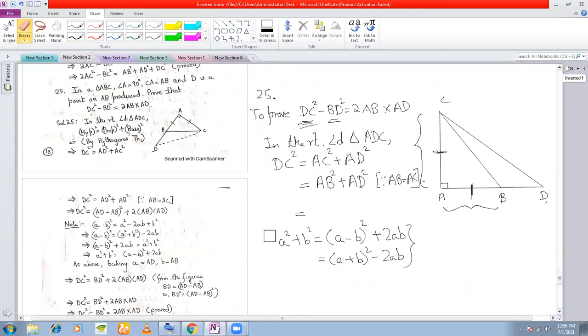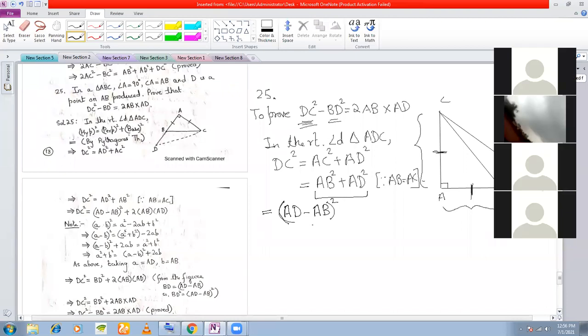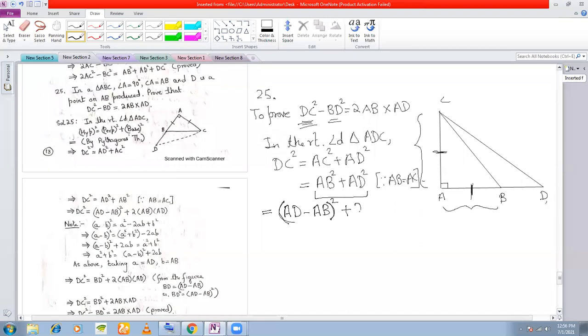Then from this, if A square plus B square is A minus B whole square plus 2AB, what can you write from here? This is the A square plus B square form. You can write this as AB minus AD, or AD minus AB also. It does not matter because there is a whole square here. And then you have a plus 2AB into AD, right?